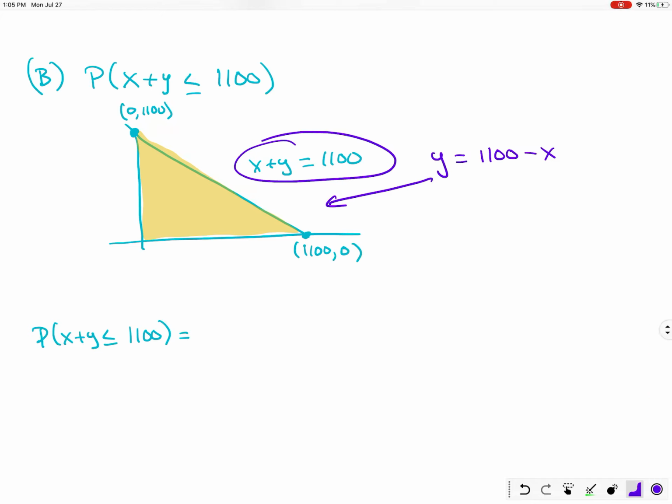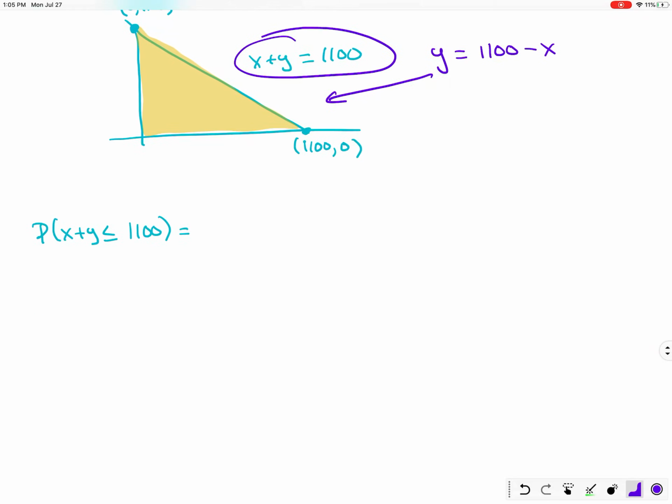All right, so then I can set up the same exact integral, and I set that up as equal to the double integral of 1 over 1200 squared times e to the negative x plus y divided by 1200.